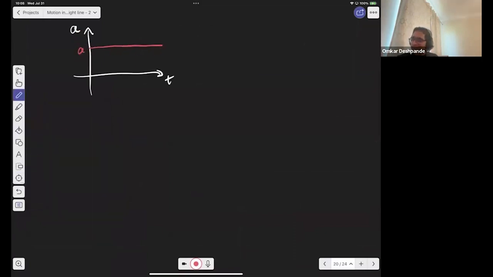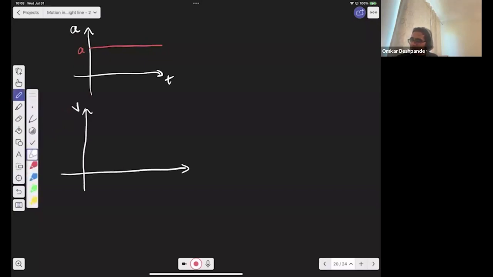If I were to draw the velocity time graph here, it may start with some velocity v0, and it will have v of 0 plus at, which means it's going to be a linear function like this.